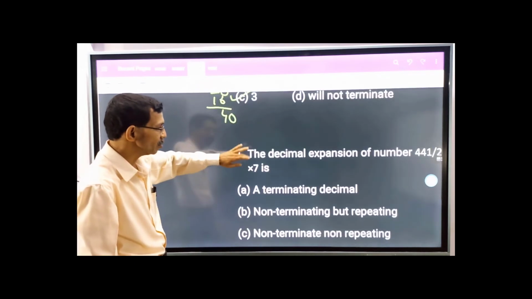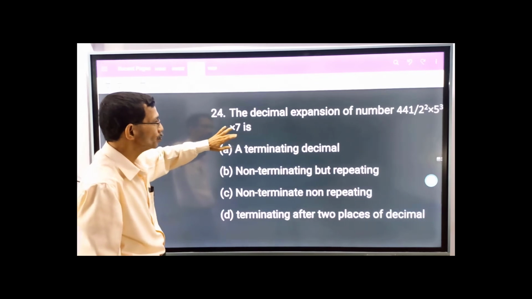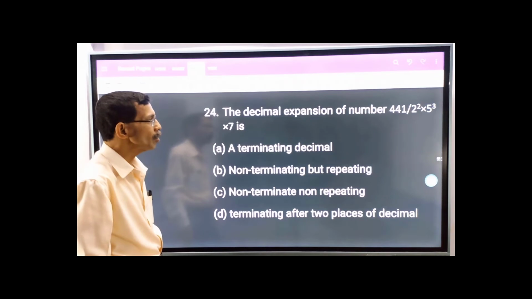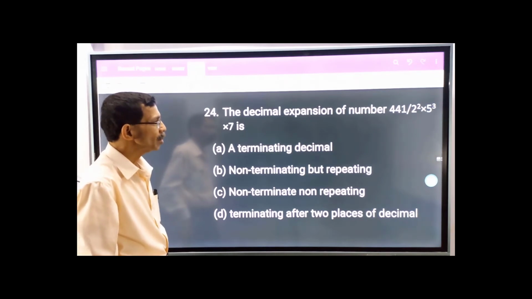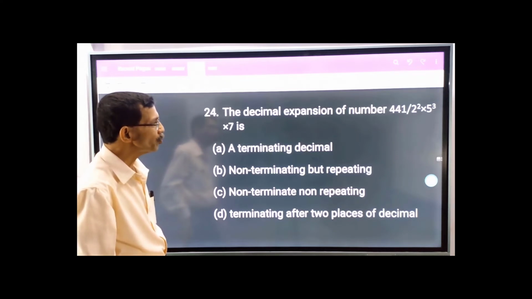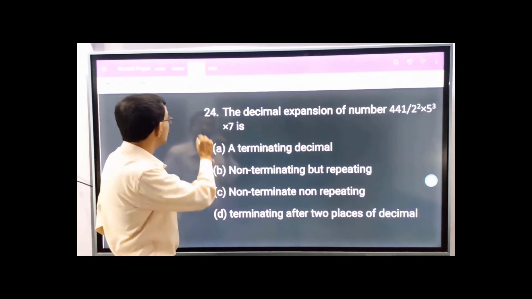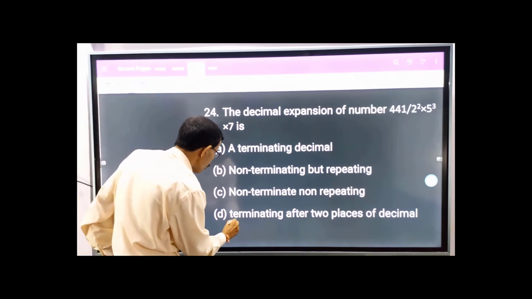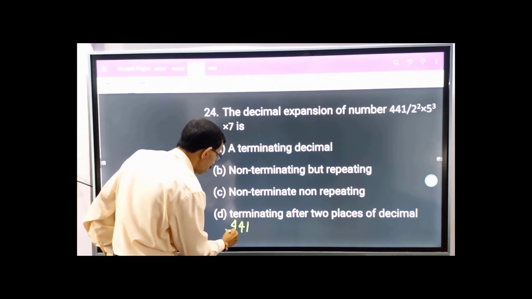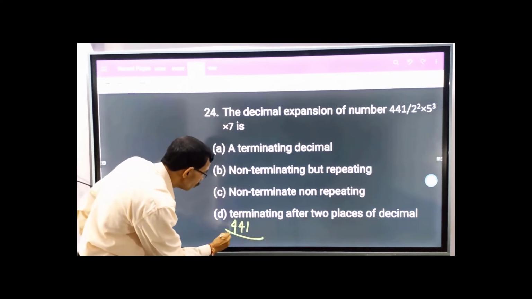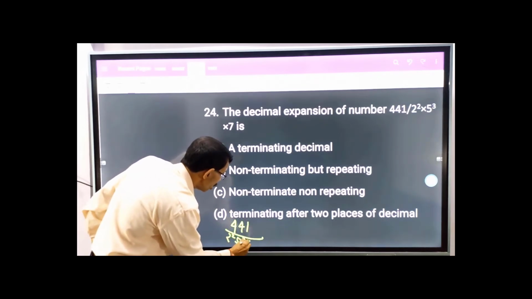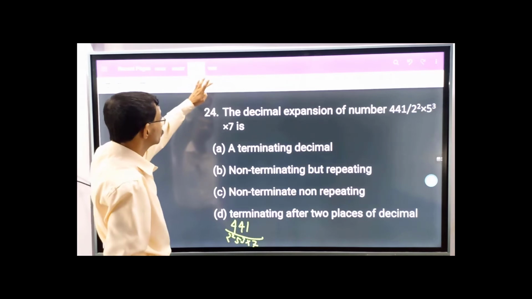So let's see the next question. Here is the decimal expansion of the number 441 divided by 2 raised to 2 into 5 raised to 3 into 7. So let me write this expression first over here. It is 441 divided by 2 raised to 2, 5 raised to 3 into 7.